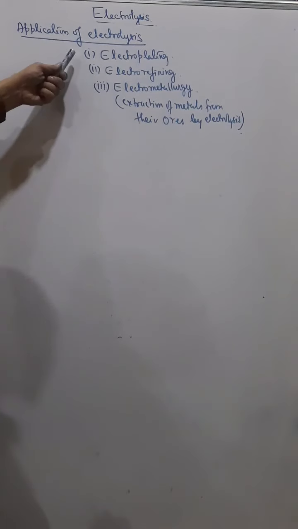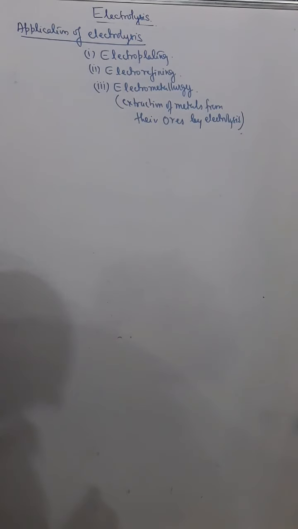As I have told you, electroplating means coating of a superior metal on an inferior metal so that it looks better, looks attractive, and also to protect from corrosion. Now to understand the concept of electroplating, let us once more go back to the electrolysis of copper sulfate using a copper anode.